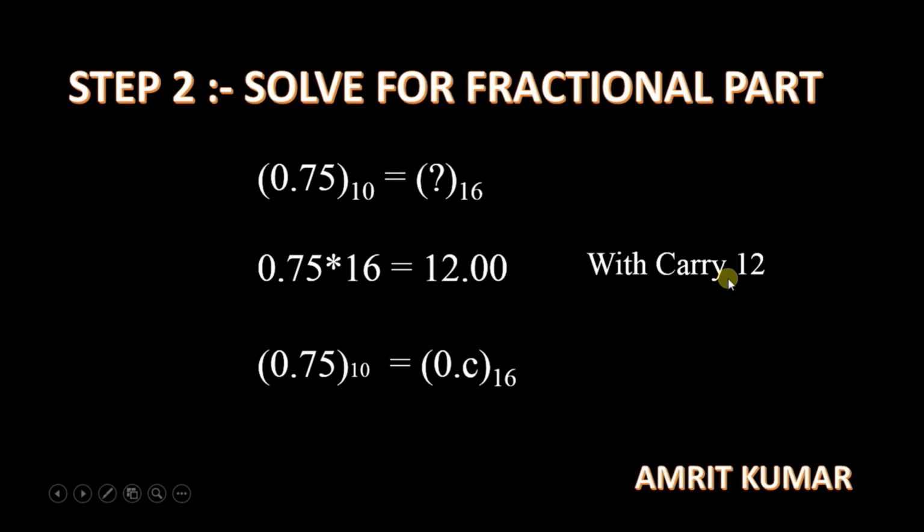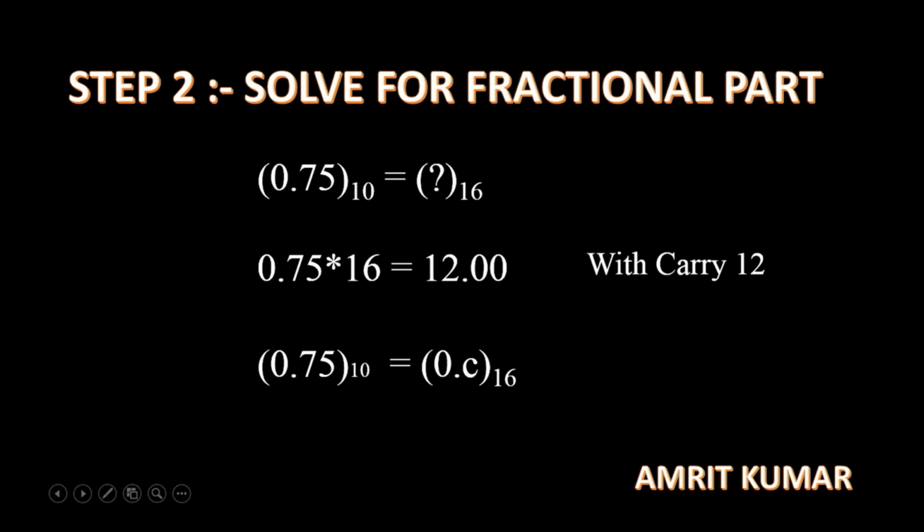We know the value of 12 in hexadecimal is represented as capital C. Therefore I am writing here like this, that is 0.C. So C is represented as the value 12 in hexadecimal. Therefore I am getting my fractional decimal as a hexadecimal value.